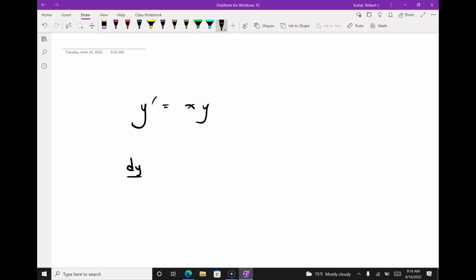Of course, this is dy dx equals xy. And when I have a product or quotient of a function and a variable, this is called a separable equation. I can turn this into dy over y equals x dx.